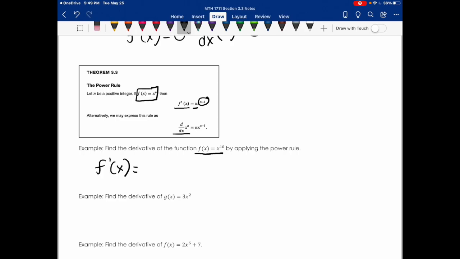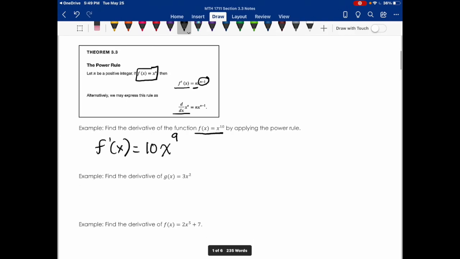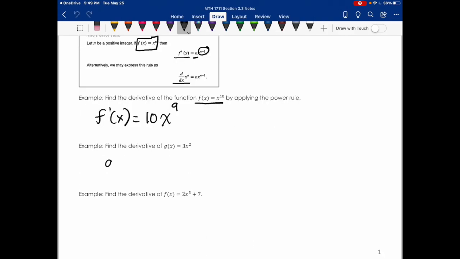So applying it to this example right here, if I want to find the derivative of x to the 10th, the shortcut would be to bring that exponent down in front, multiply it by x, and then raise the exponent by 1 less. So that would be 9.